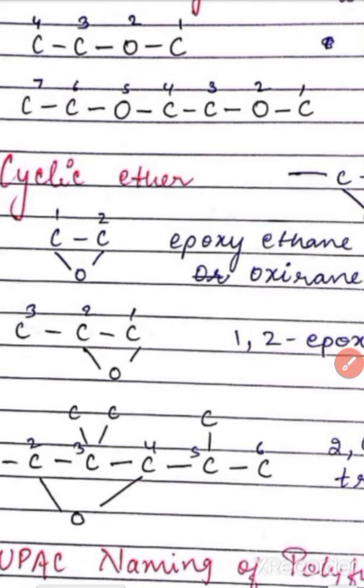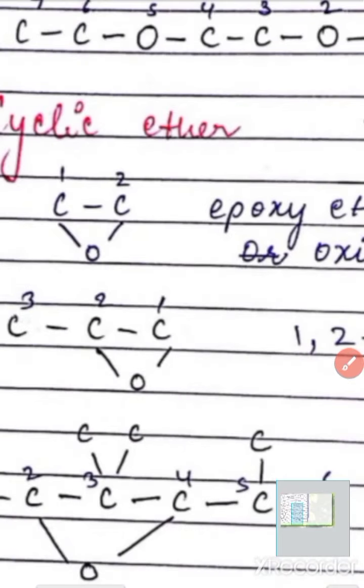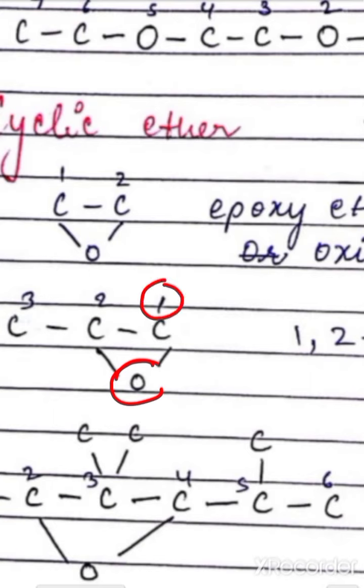Now next example. In this we number the compound such that the carbon which is attached to oxygen gets the lowest position. So if I number it from here, that is 1, 2 and 3, then the epoxy group will get 2 and 3 positions.